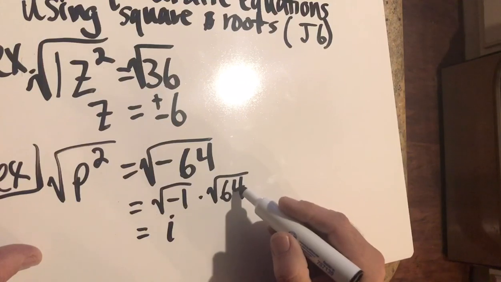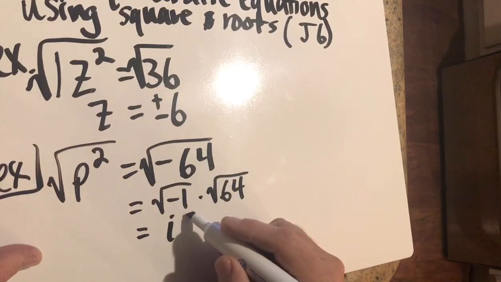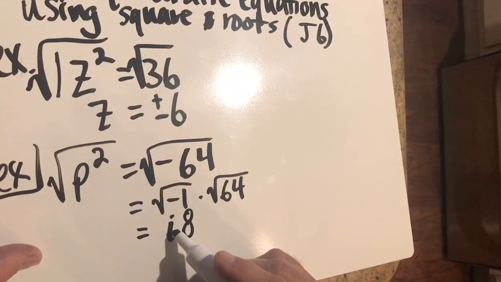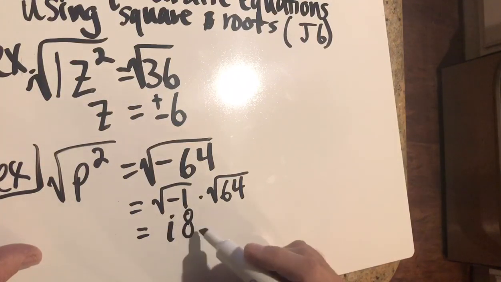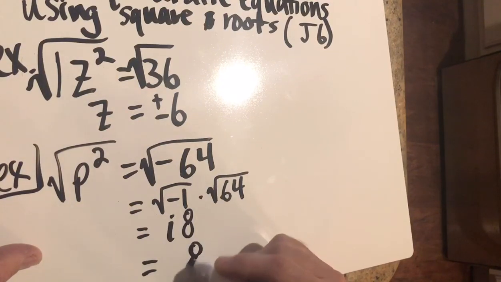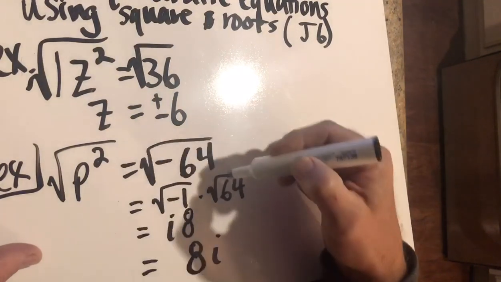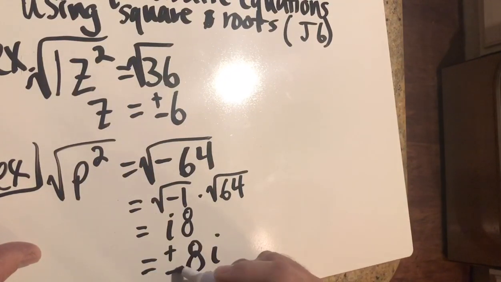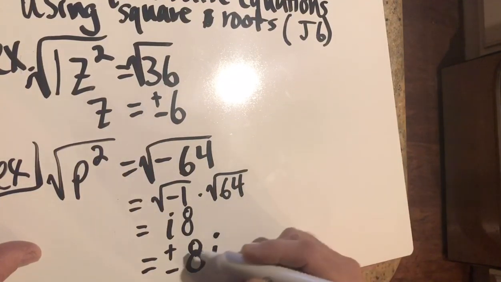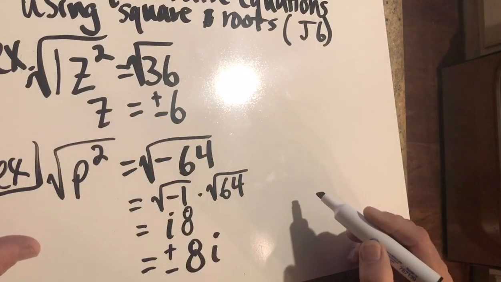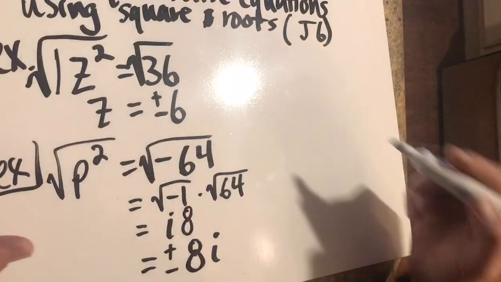And then over here we have square root of 64, which is 8. So 8 times i is usually written as 8i. And remember, we're taking the square root of a number, so it could be positive or it could be negative. So positive 8i or negative 8i is the square root of negative 64.